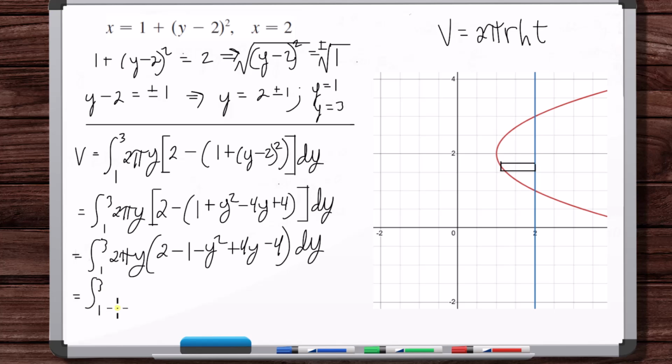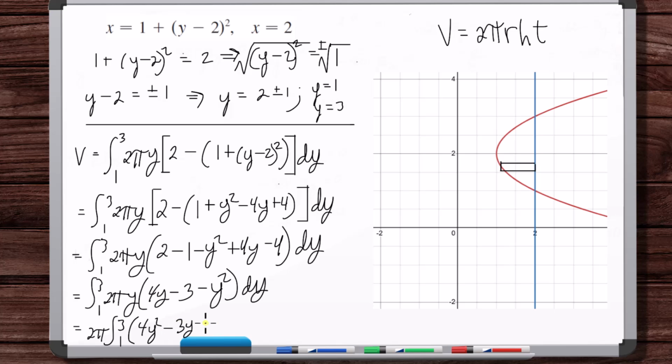Okay. So we've got 2 minus 1 is 1. 1 minus 4 is minus 3. So 4y minus 3 minus y squared, dy. Okay, so if we take out the 2 pi, we've got 4y squared minus 3y minus y cubed, dy.